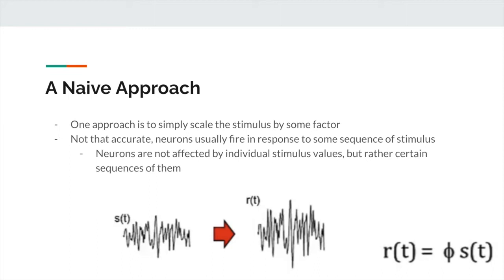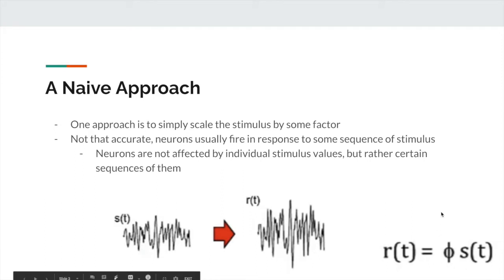But now, if none of those things work neatly, if our neuron is acting a bit weird and we want to have a customized fit to the neural response with respect to the stimulus, one naive way of doing that is to simply try scaling the quantity of the stimulus and then getting the neural response, right? So let's say this is maybe a volume of some sound that's coming into your ear. Then maybe you would expect that the neural response is just some scaled version of this, right? Multiplied by some factor.